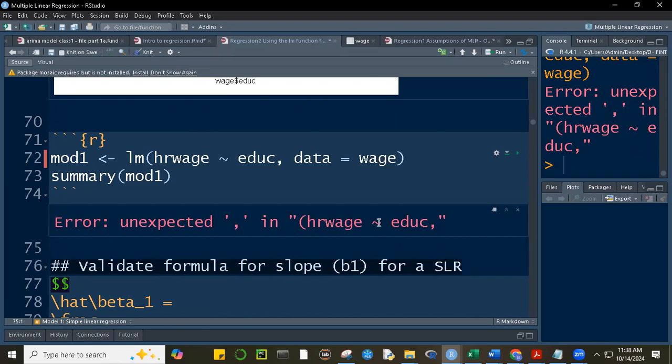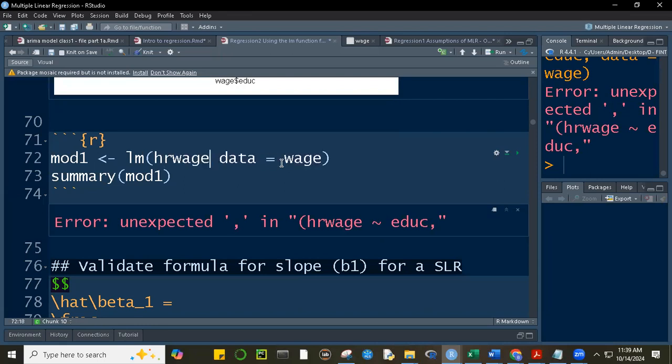Ano nangyari? Bakit ano? Unexpected saan? Huh? In hourly wage. What happened here? Waiting po.